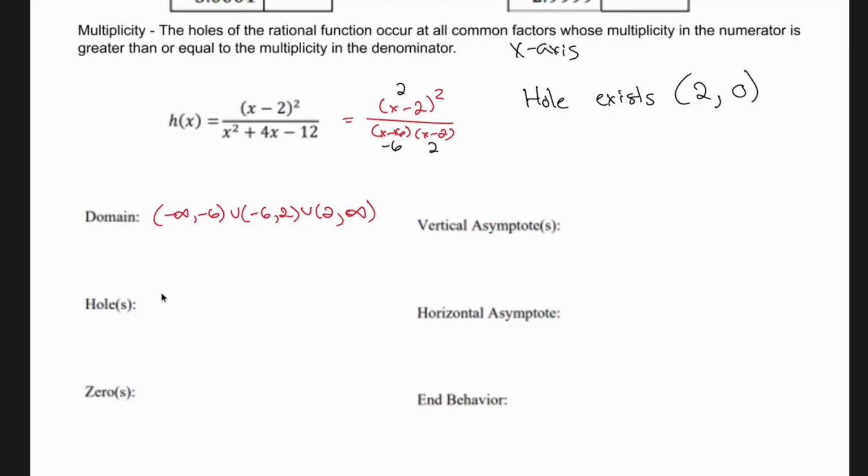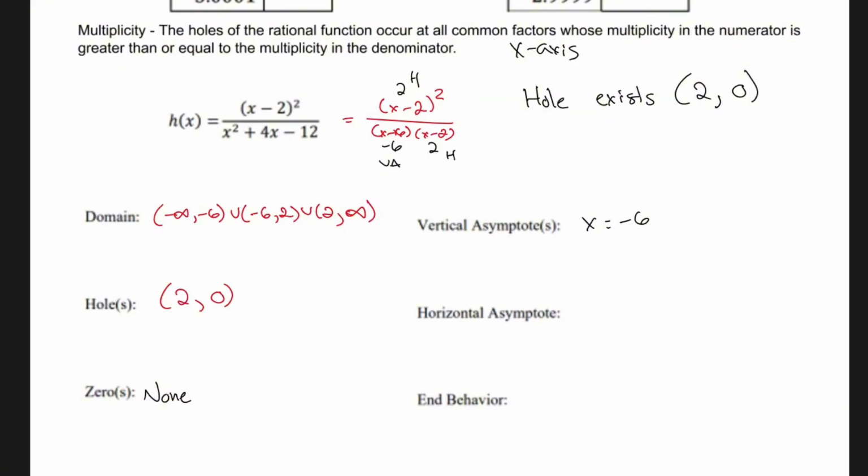The hole is going to exist at (2, 0) because the multiplicity is higher in the numerator than it is in the denominator. The zeros are going to be, well, what was this? I mean, this was a hole. This is a vertical asymptote. There are no zeros. None. The vertical asymptote is x equals negative 6.